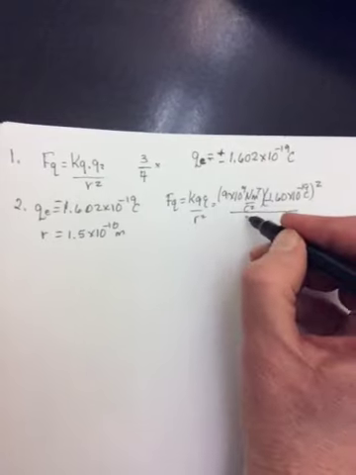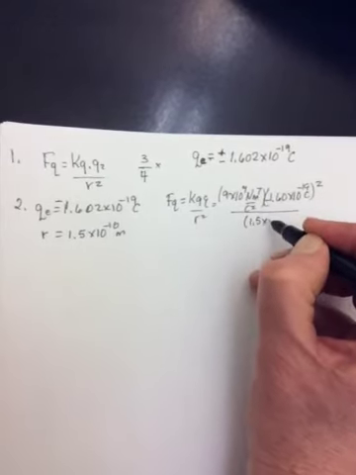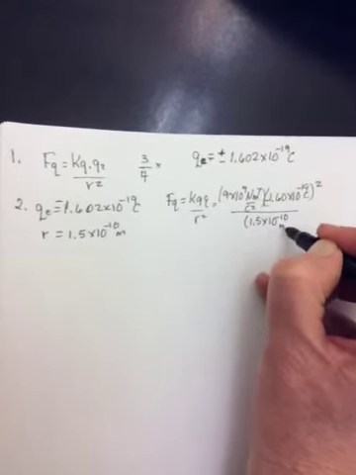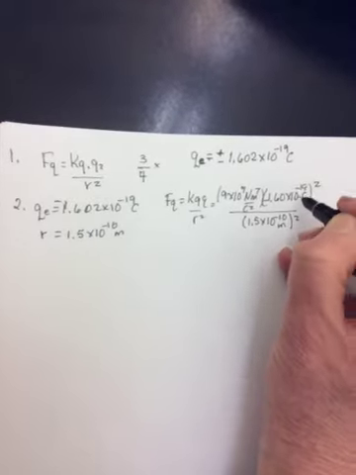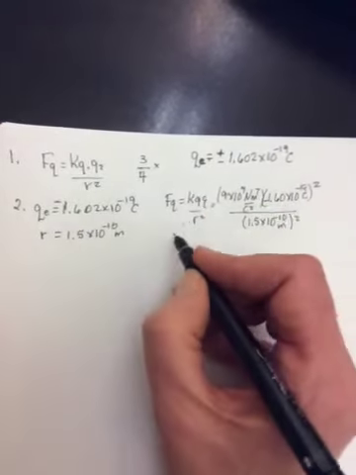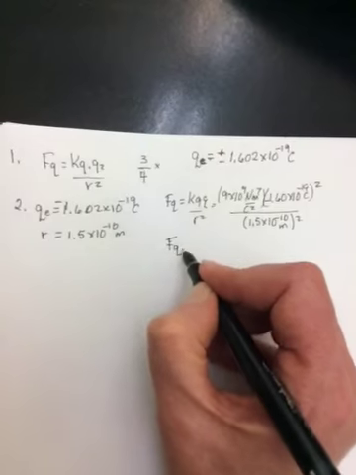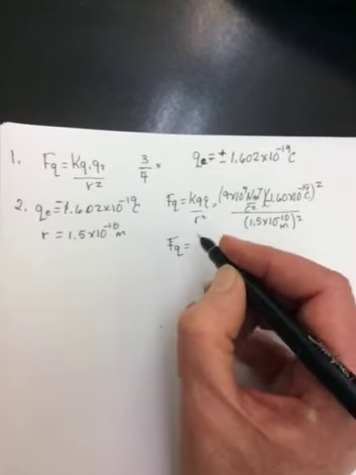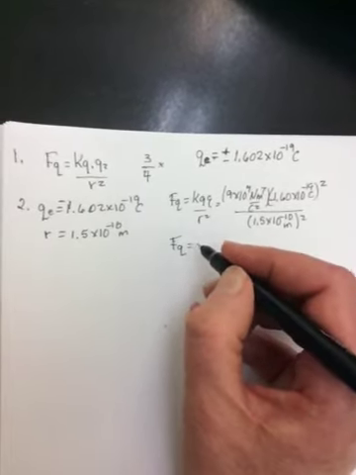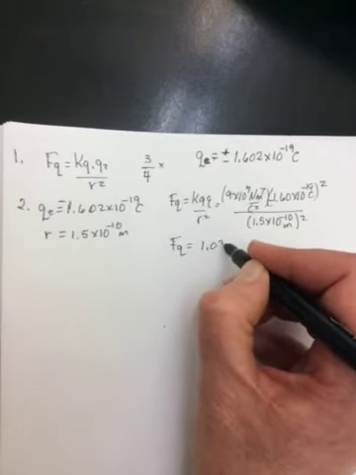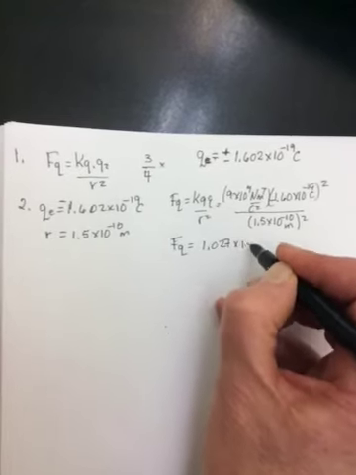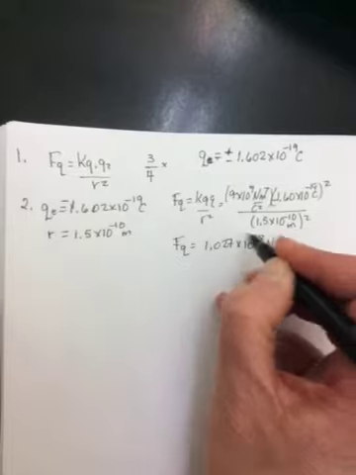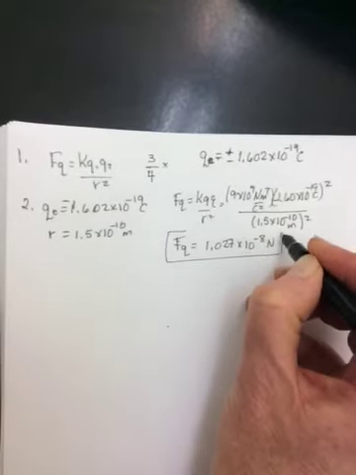And then the r is 1.5 times 10 to the negative 10th meters, and it's squared. This square comes from the fact that it's Q Q, and the two Q's are the same. Assuming you could type this in your calculator correctly, you should get 1.027 times 10 to the negative 8 newtons.